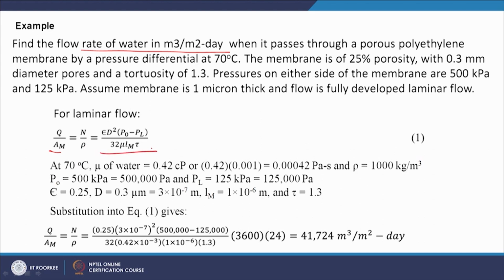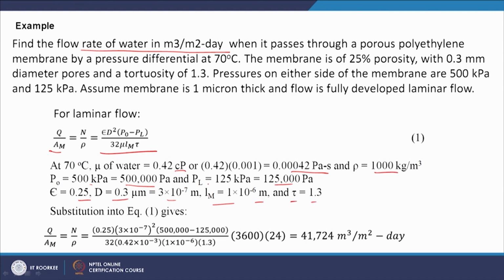The values are given: at 70 degrees, mu of water is given in centipoise or in Pascal second, and rho is given, and P0 is 500 kilopascal, so 5 lakh Pascal, and PL is 125 kilopascal, so 1,25,000 Pascal. E is 0.25, d is 0.3 micrometer, so 3 into 10 to the minus 7 meter, Lm is 1 into 10 to the minus 6 meter, that is 1 micron, and tau is 1.3.